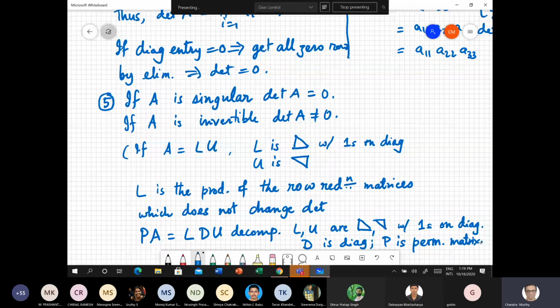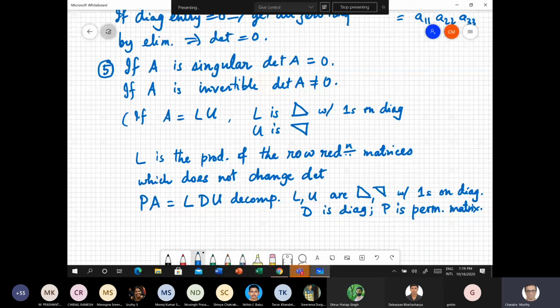For now I'm just giving you a little feel for why it is true that the determinant of A equals 0 for a singular matrix.